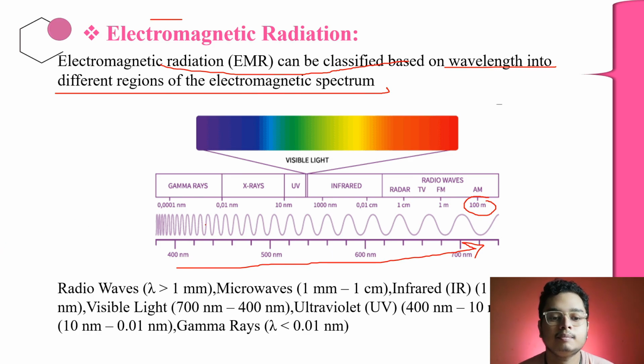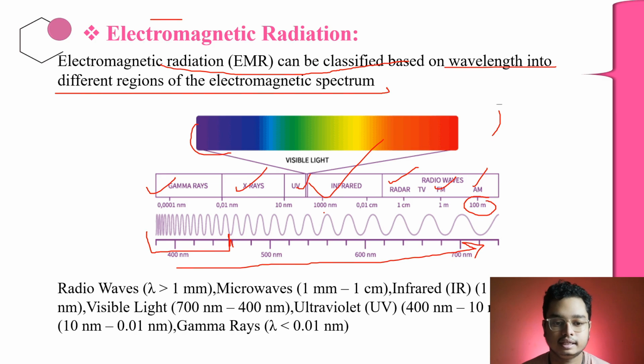Depending upon the wavelength, different regions are generated in the electromagnetic radiation, such as gamma rays, X-rays, UV, visible light, infrared, and radio waves, which contain radar, TV, FM, and AM. Where the wavelength is small, the frequency is much higher, and as the wavelength gets longer, the frequency gets lower. We will discuss this when we discuss the Planck equation.